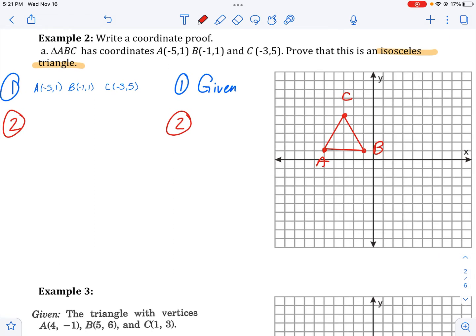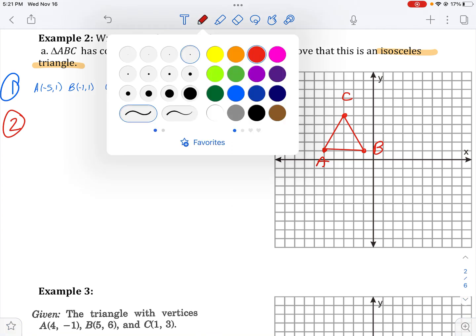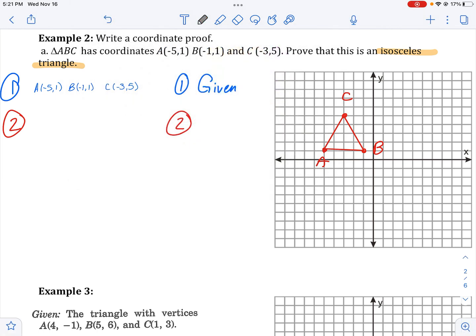Now, what I would encourage you to do is to show at least your very first step where you set up the problem, and then your final answer for this distance formula.